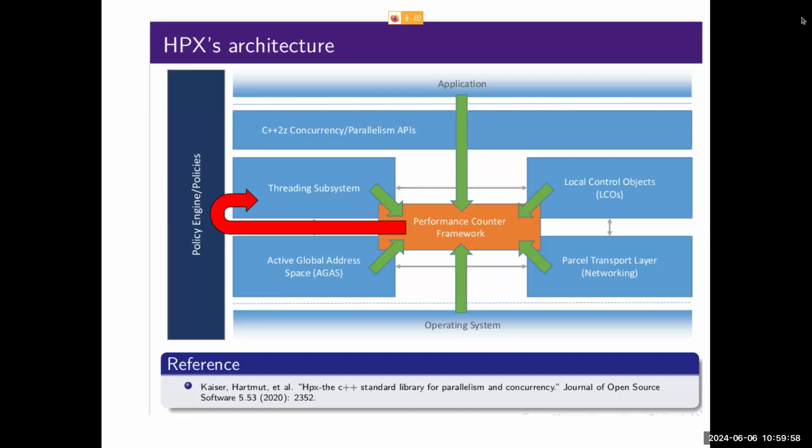So like a passive global address space, you can move things from one locality, one node to another, and if you migrate things, and there's futures that are dependent on those migrated objects, it's all done behind the scenes. You don't have to worry about that. And then there's the parcel transport layer, which manages communication between localities. This actually uses API under the hood.